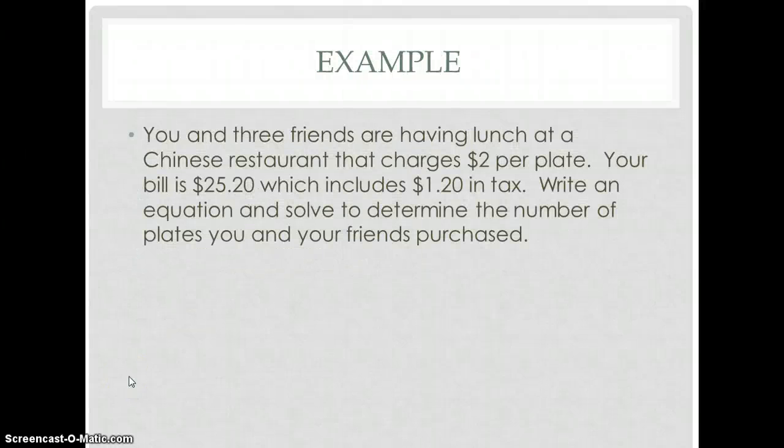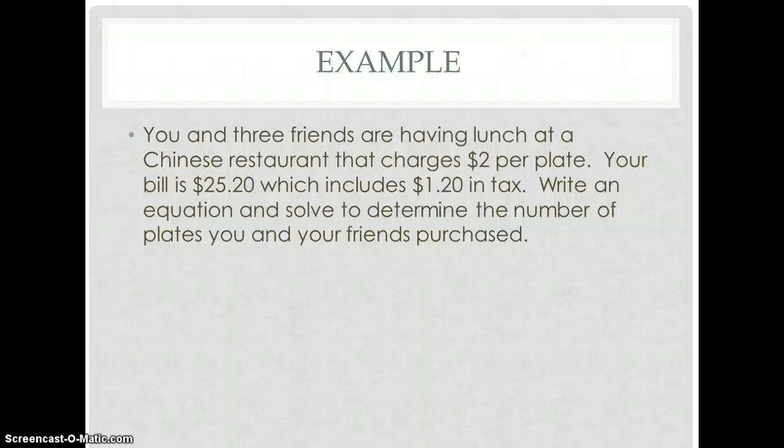First example. You and 3 friends are having lunch at a Chinese restaurant that charges $2 per plate. Your bill is $25.20, which includes $1.20 in tax. Write an equation and solve to determine the number of plates you and your friends purchased.